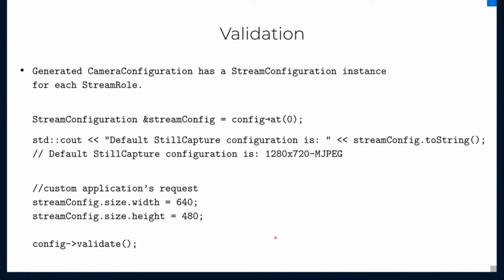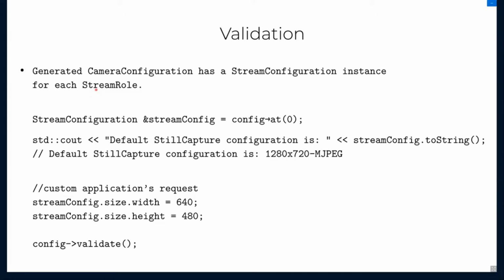Now comes the validation part. After the camera configuration has been stored, what it contains is a stream configuration. Stream configuration is nothing but a specific configuration for each stream role. You can ask for multiple stream roles.